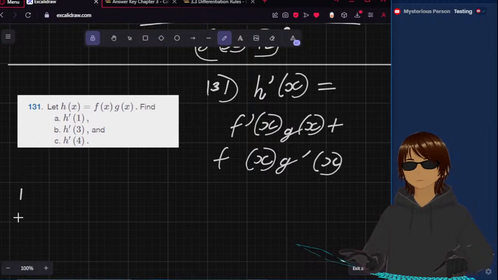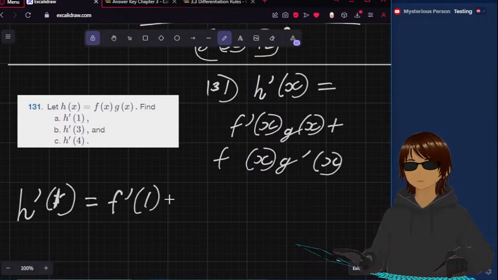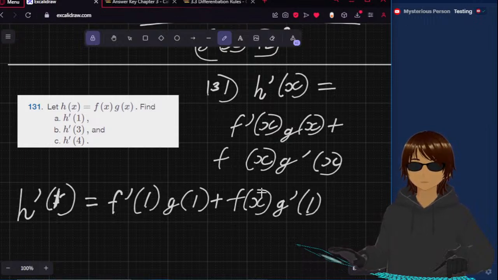So, h1 is equal to the derivative of the first times the second plus the first times the derivative of the second.